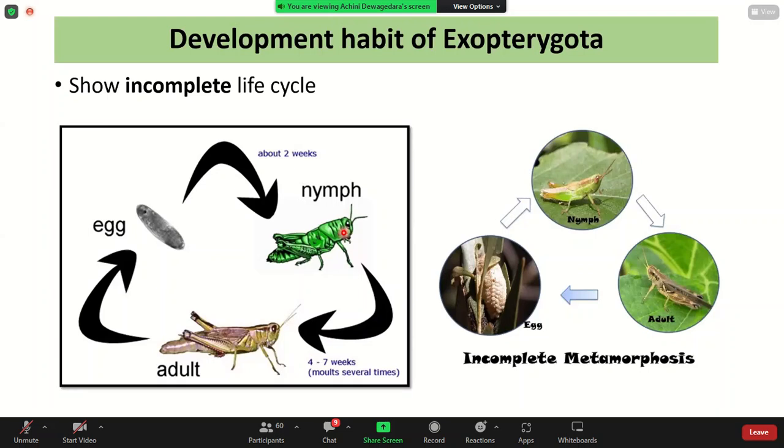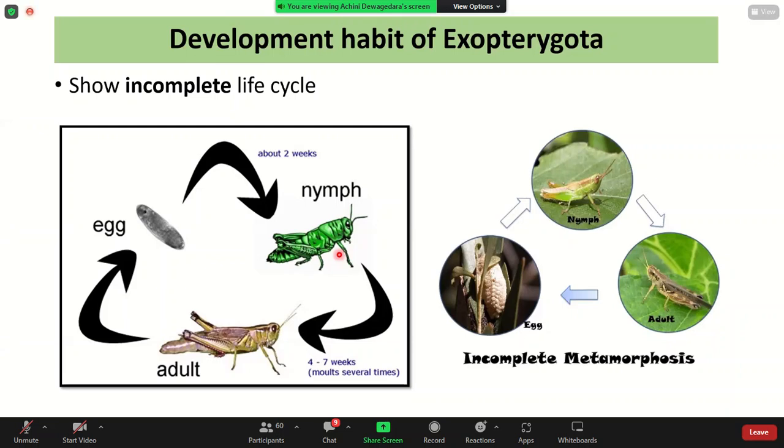Now here you can see this nymph has a body structure developed. But when the body of the nymph develops, the exoskeleton does not enlarge.